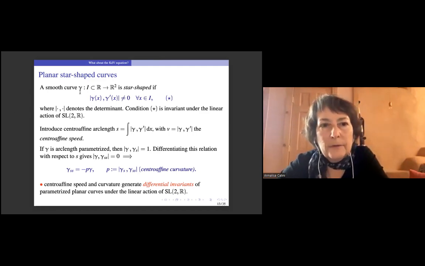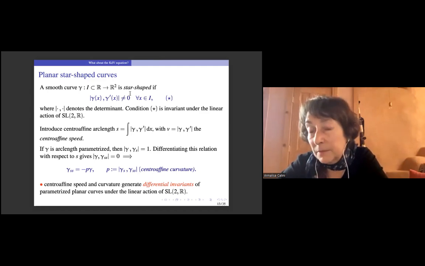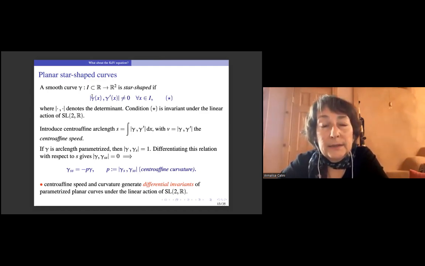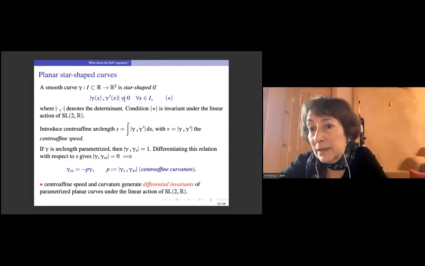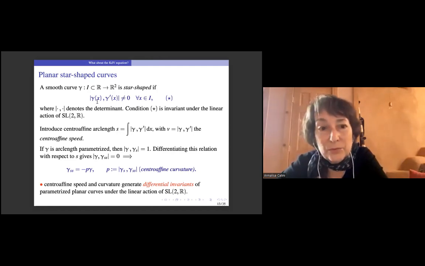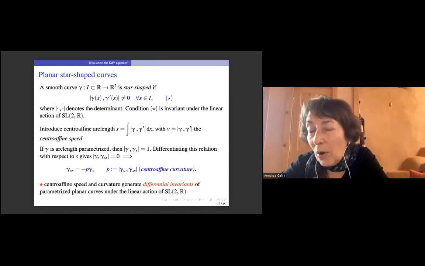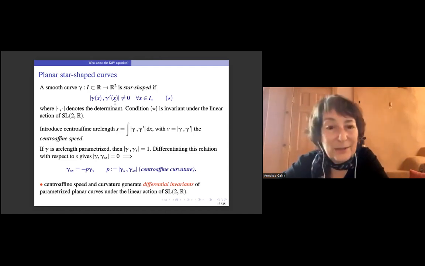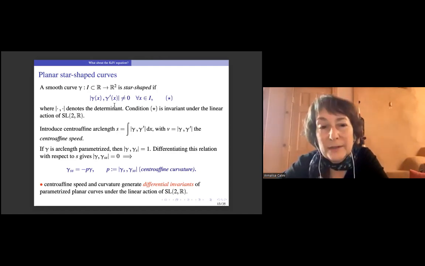The type of smooth curves that we consider are so-called star-shaped. This notation here stands for the determinant of the matrix whose first column is the position vector of your gamma, and the second column is the velocity of your gamma, the first derivative.